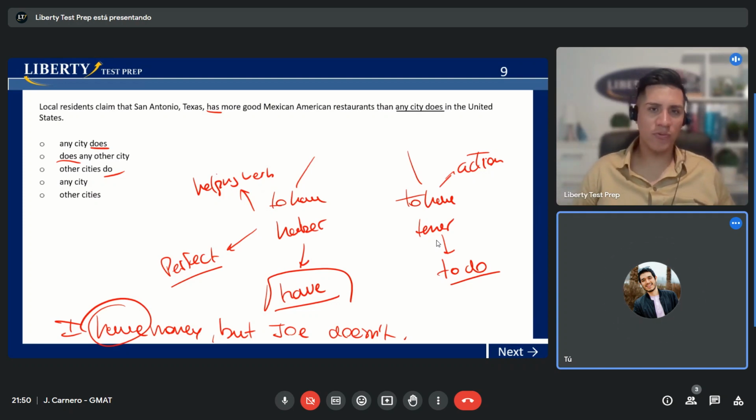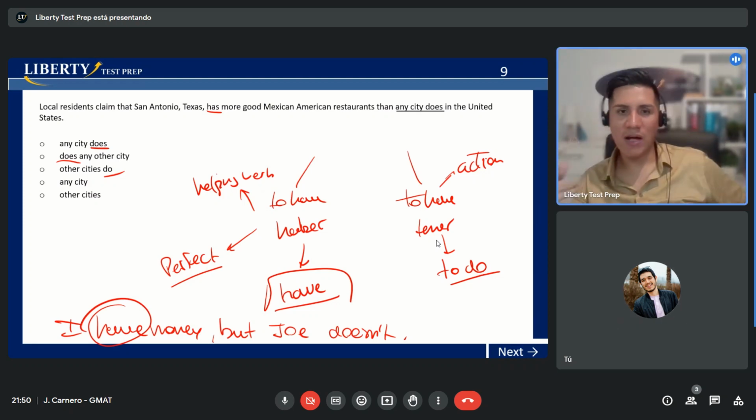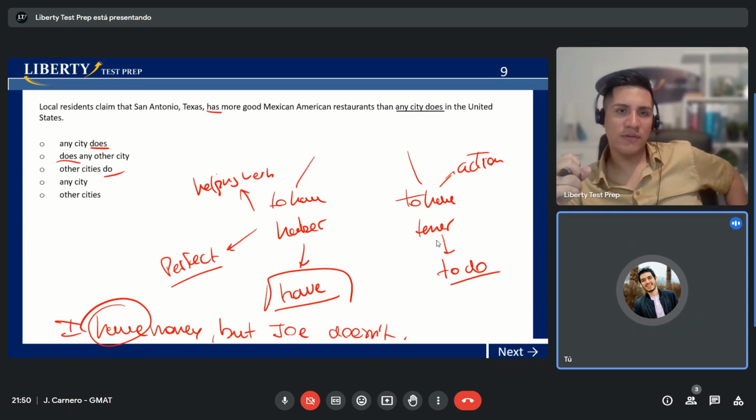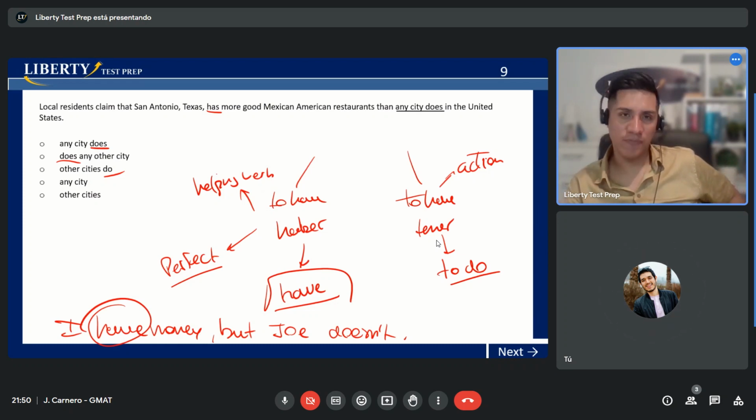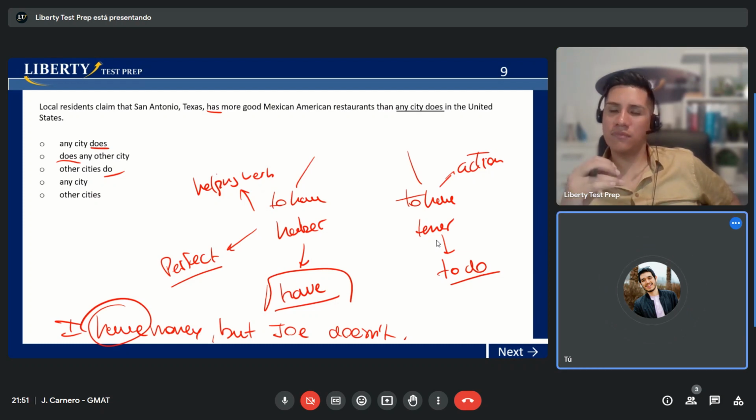No, no, no. It would be do. There are two types of have: the one with the helping verb, haber in Spanish, and the have of tener. If you have the have of tener, that's an action, and that always gets replaced with to do. Always. Every time. So has is an action, so it's fine that they are doing that here. They're replacing that have with does.